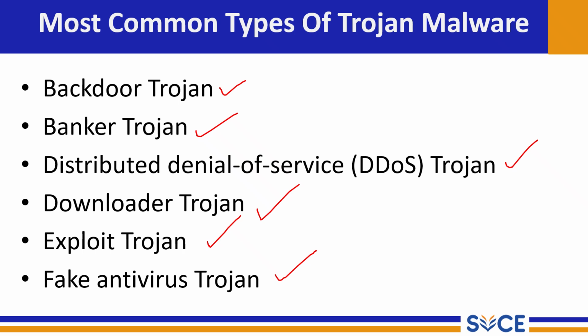Next one we are going to see is the exploit Trojan. An exploit malware program contains code or data that takes advantage of specific vulnerabilities within an application or a computer system. The cyber criminal will target users through a method like a phishing attack, then use the code in the program to exploit a known vulnerability.